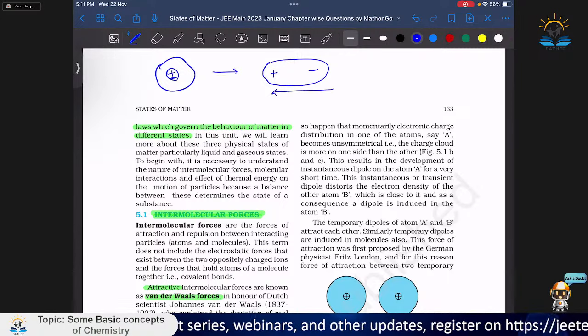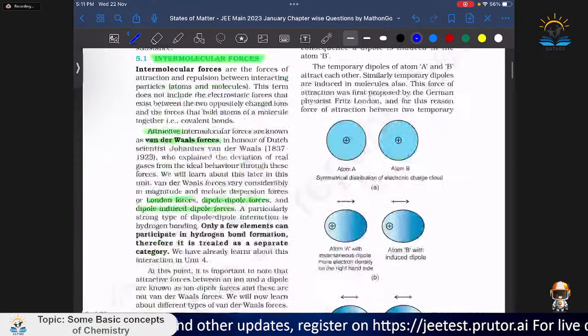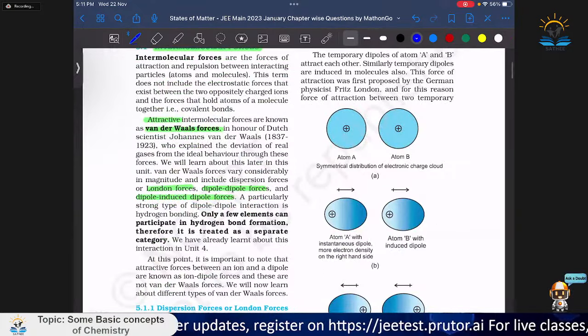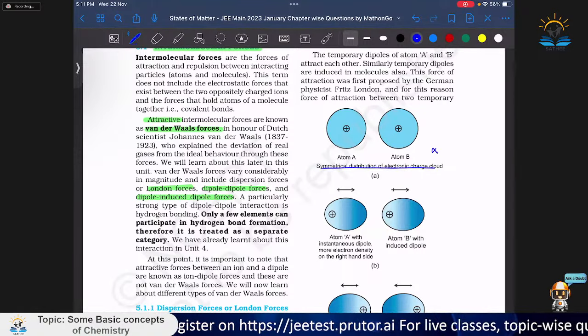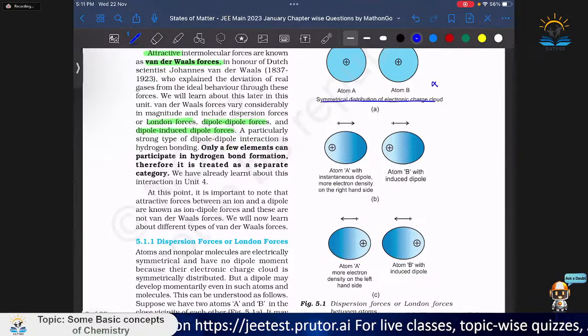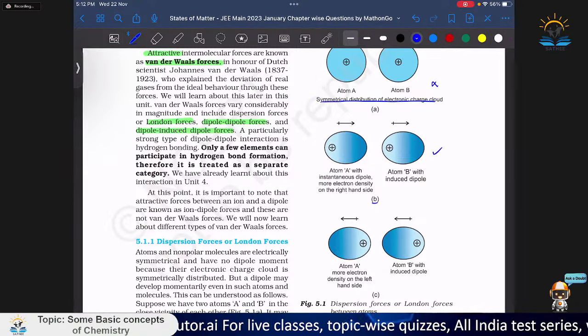Then it becomes a dipole with the direction of the dipole towards the positive. So we can see here there is a symmetric distribution of electrical charge cloud, so no dipole. But here we can see at B that the plus charge has been brought to one corner, so there is formation of a dipole.